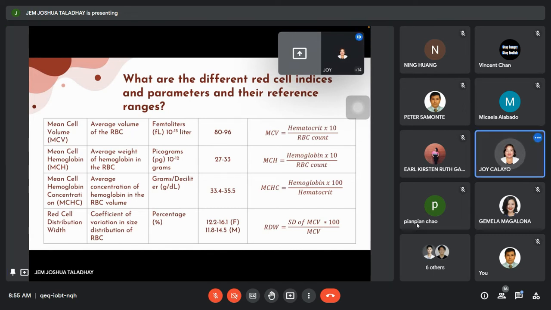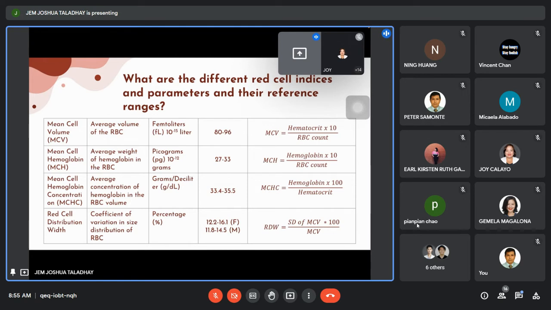So in effect, in IDA, will the zinc increase or decrease? It will also decrease, ma'am, because there is an association with the decrease of zinc in the presence of iron deficiency anemia.